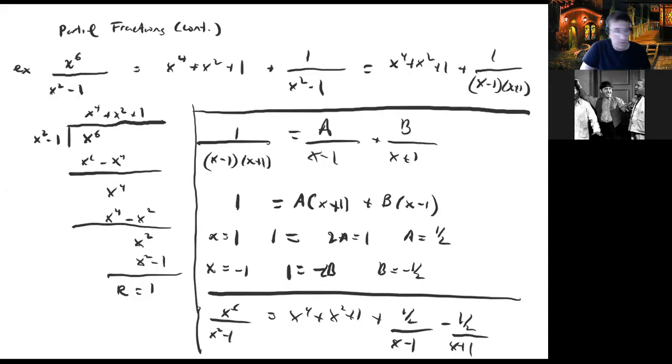So let me clear the screen and let's talk about more complicated cases. Okay, so now we're in case 2 of partial fractions, where we have repeated linear factors. If you don't know what I mean by that, you'll see an example right now.